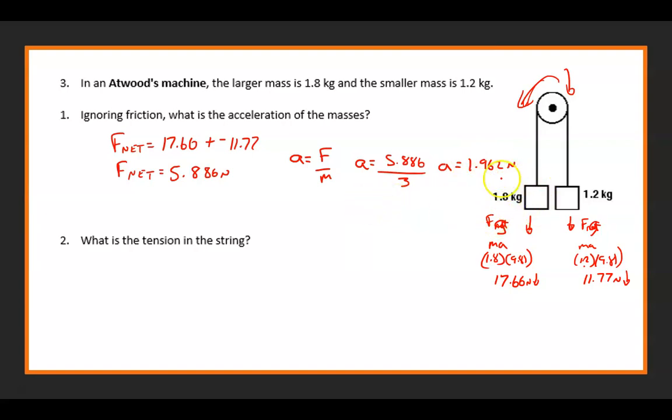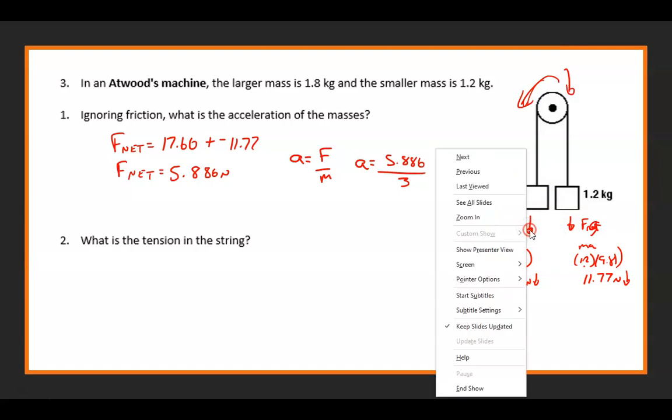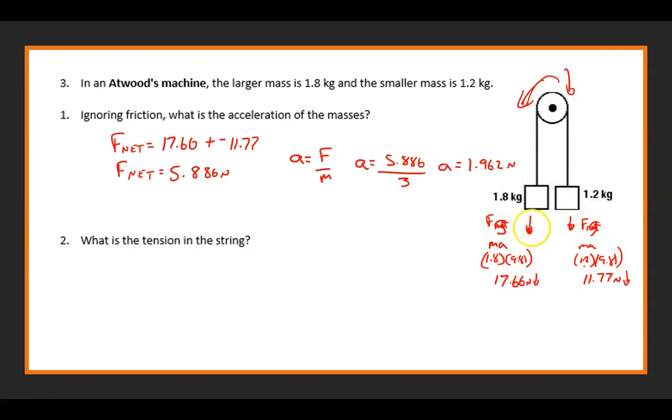Well, if you want to find the tension of the string, you're going to zero in on one of them. Now, it doesn't matter which one you zero in on, because they're both going to have two forces. Either you're going to have the gravity being greater than the tension, or the gravity being less than the tension.